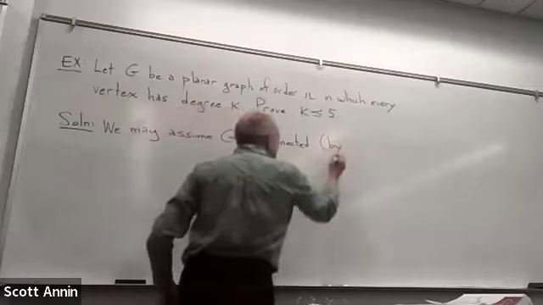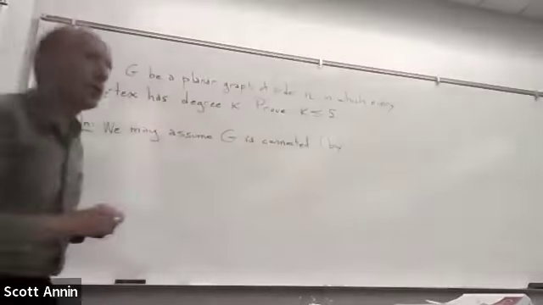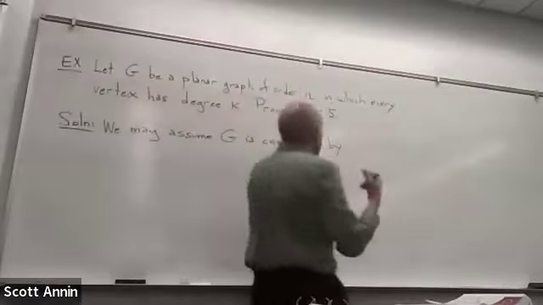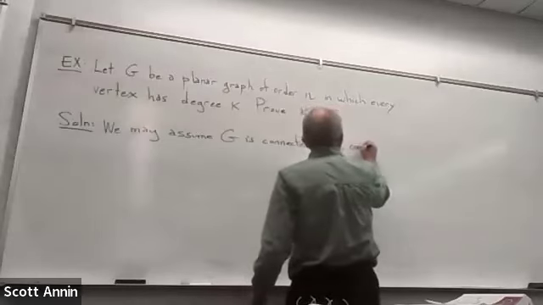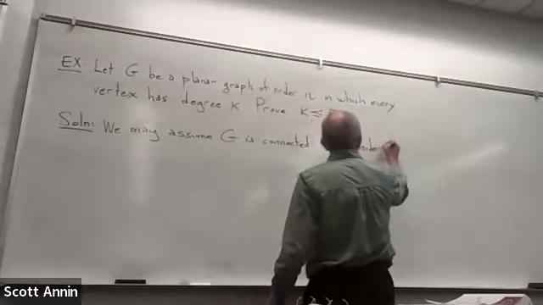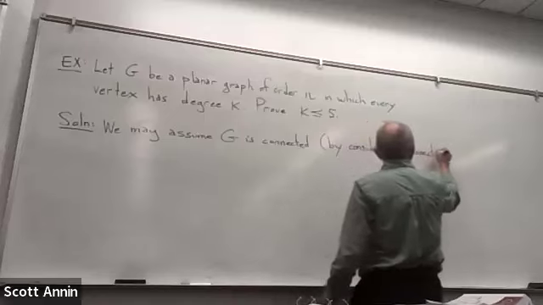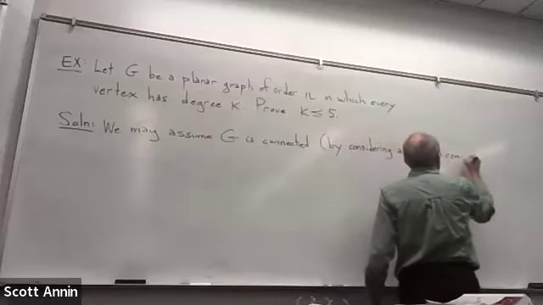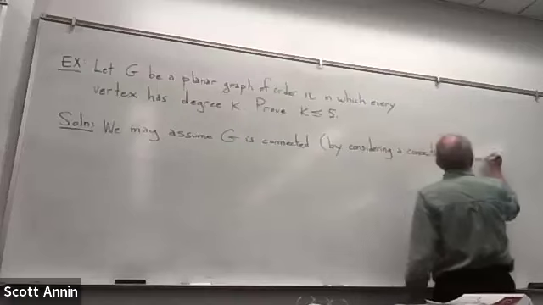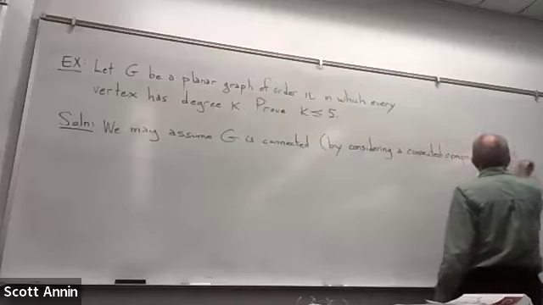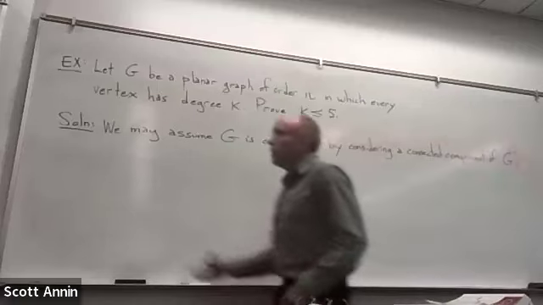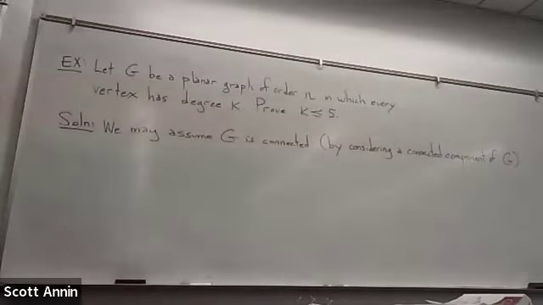To explain why we are assuming that so freely, this is just by considering a connected component of G. It's a minor point, but when we're using these facts, we want to make sure that the assumptions are true.